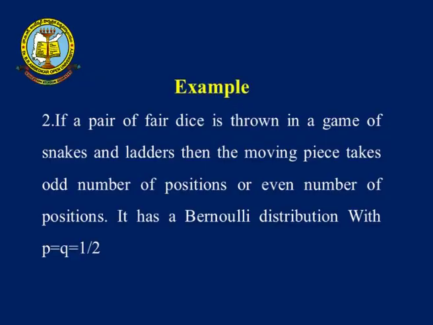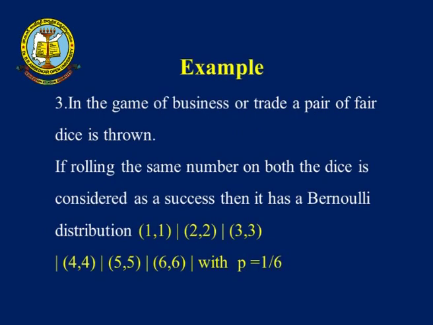Even numbers means 2 2, 2 4, 2 6. In the same way 4 4, 4 2, 4 6. Each has the same probability, that is P equal to Q equal to 1 by 2.